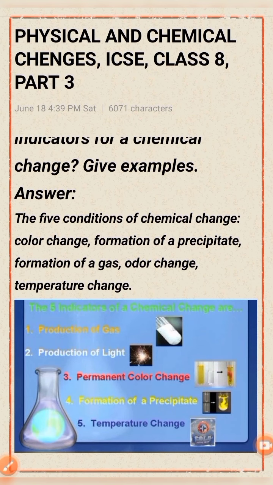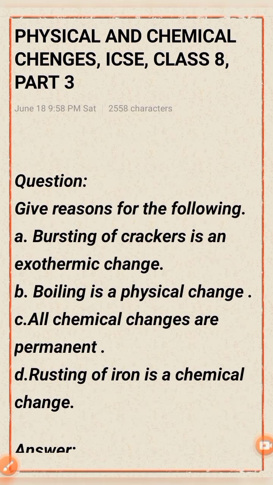Show the video of the five indicators of a chemical change. Number 1, production of gas. Number 2, production of light, permanent color change, formation of a precipitate. Number 5, temperature change.